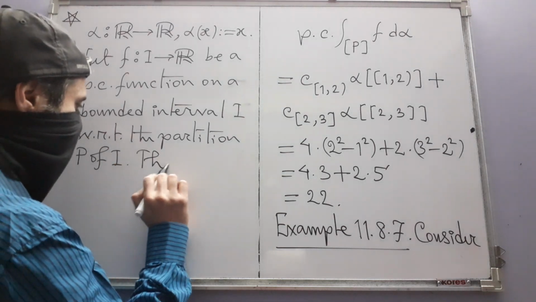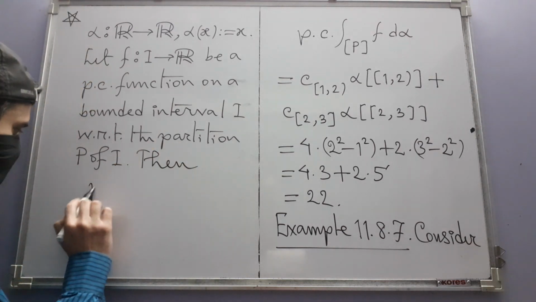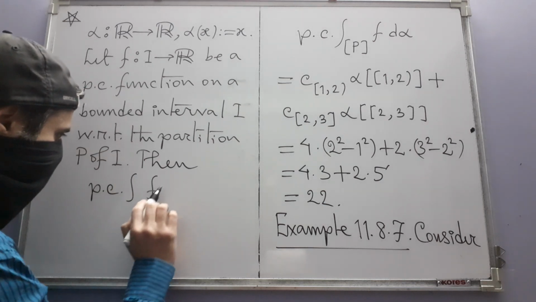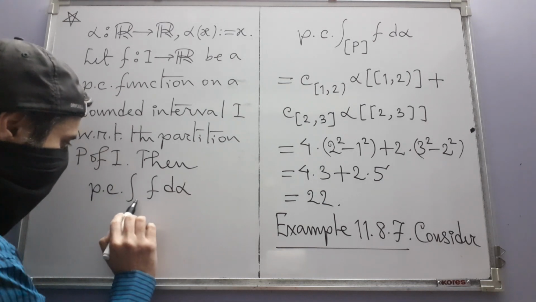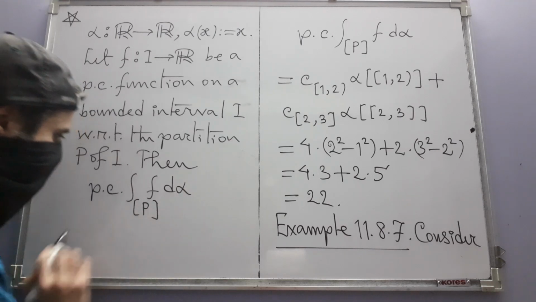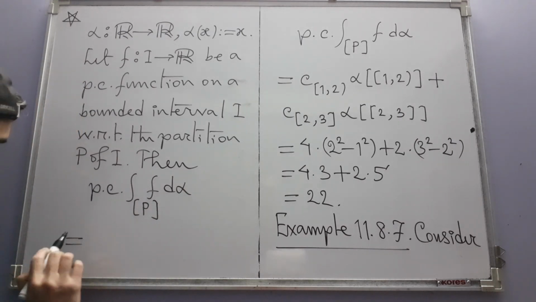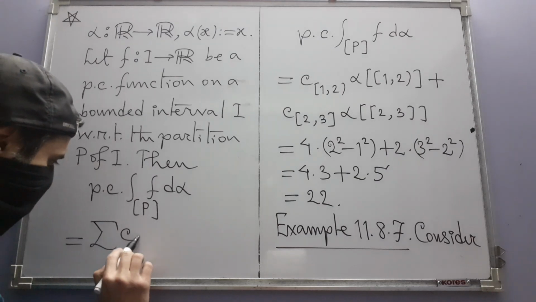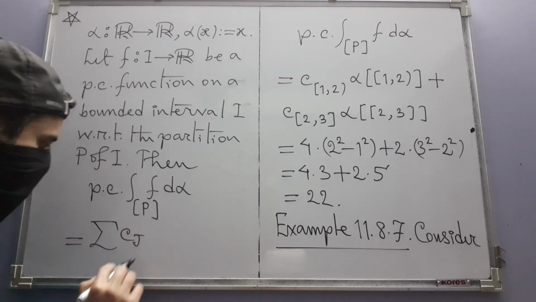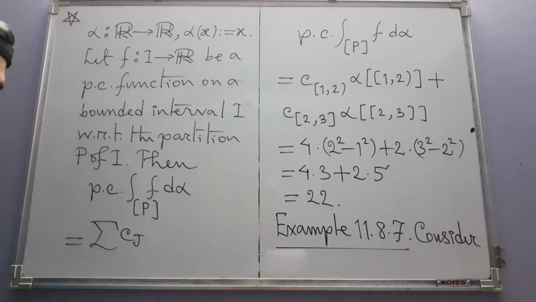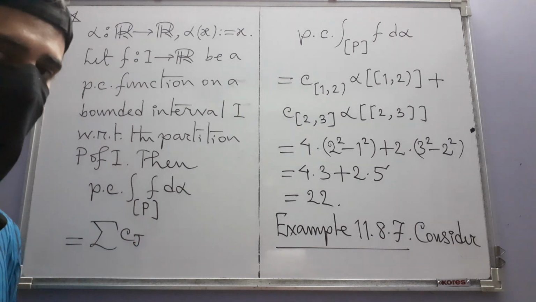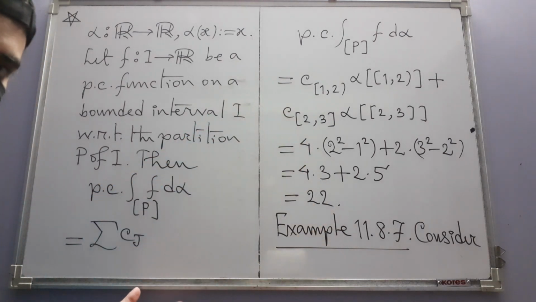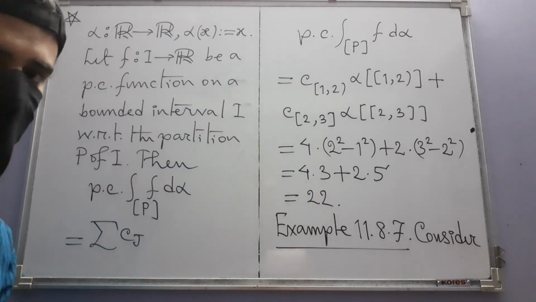Then the PC integral of f with respect to alpha and for the partition P, let's just apply the definition itself, the sum of Cj, where we understand what Cj is. Also, I do not actually write unnecessary things. We already know from the context of our discussion what Cj is, so I won't again write what Cj is.